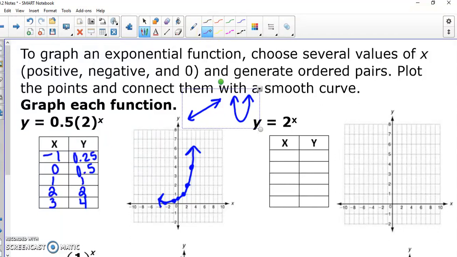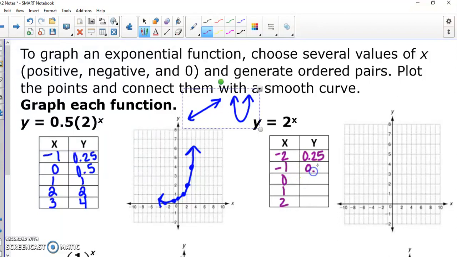For this next one, this time I'll go maybe -2, -1, 0, 1, and 2, just so I get some more negatives in there. As long as you have at least 1 negative, 1 positive, and a 0, you should be good though. So I'm going to plug in -2 for my x value. So 2 to the power of -2 gets me 1/4 again, or 0.25.